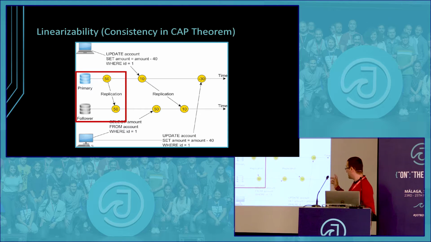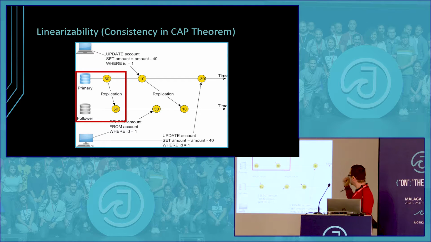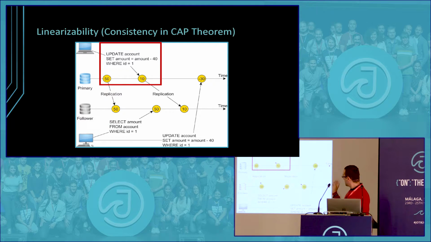If you don't have linearizability, which is called consistency in the CAP theorem, that's what I said, consistency means different things in different contexts. You can imagine a system where you have a replication between a primary node and a follower, and there is an asynchronous replication. There's a lag between them. So now, when someone updates the account, it will take some time to replicate it.